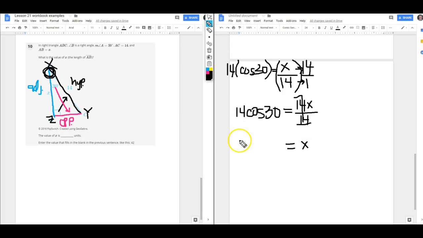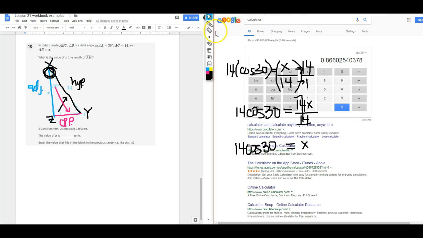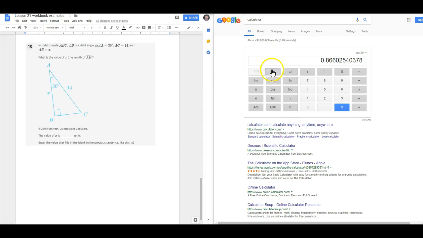So then we have 14 times cosine of 30, and I'm going to use the calculator at this point. First thing that I'm going to make sure is happening is right here. This is RAD, this is degrees. Make sure it's in degrees because the angle was given in degrees. So we had 14 times the cosine of 30 degrees.